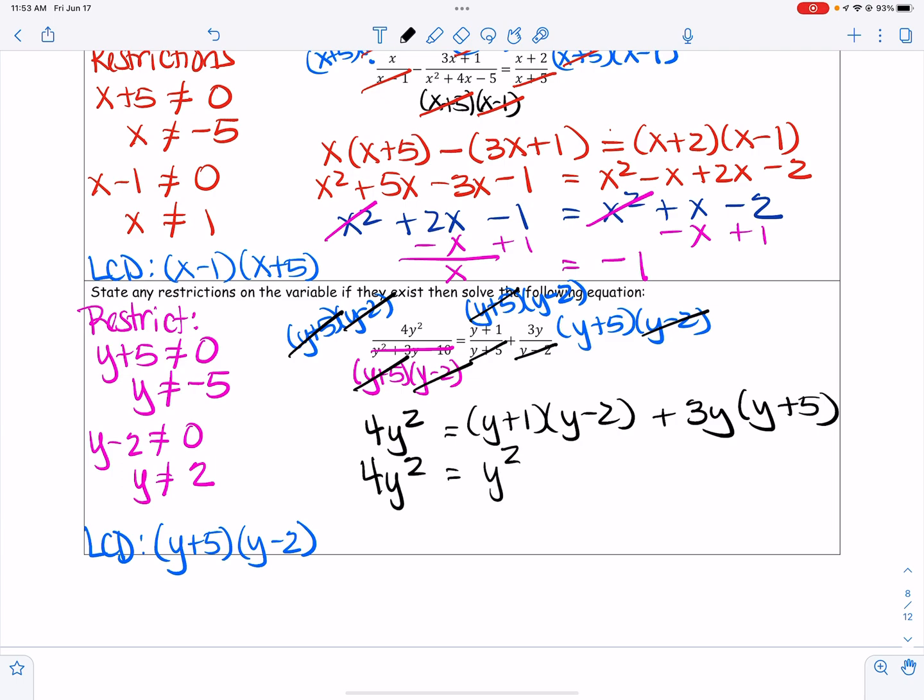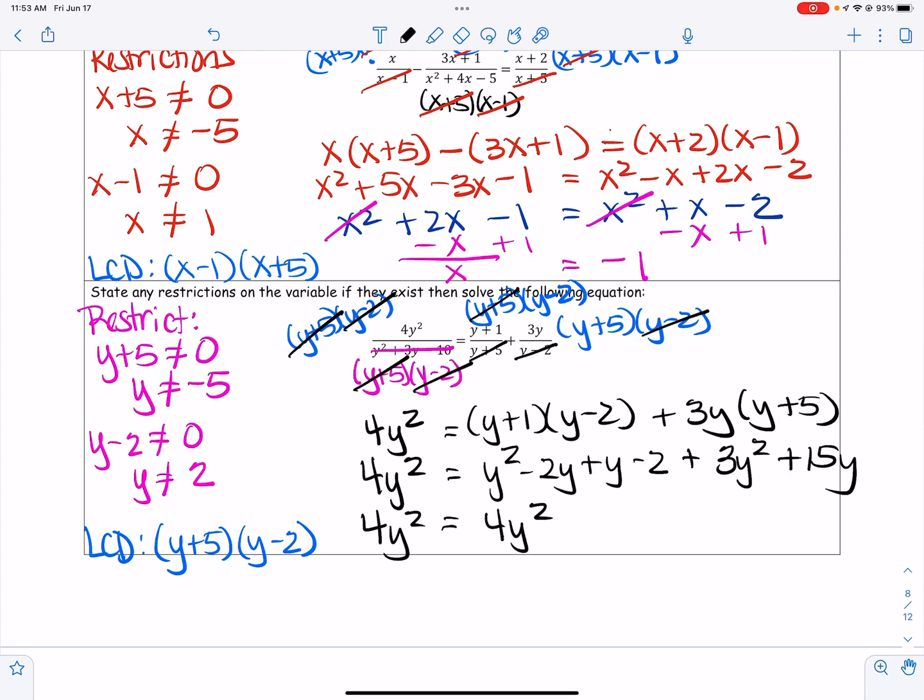We get y squared minus 2y plus y minus 2 plus 3y squared plus 15y. 4y squared. We got y squared and 3y squared, so that makes 4y squared. -2y and positive y makes -1y plus 15 makes 14y.